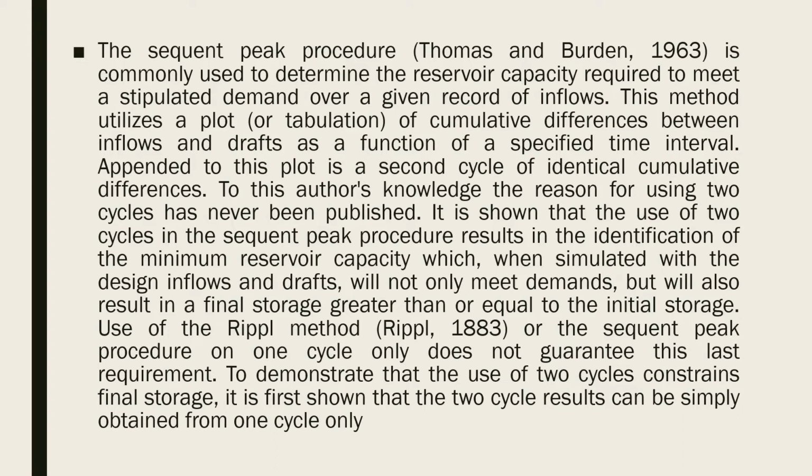Use of the Ripple method by Ripple in 1883, or the sequent peak procedure on one cycle only, does not guarantee this last requirement. To demonstrate that the use of two cycles constrains final storage, it is first shown that the two-cycle results can be simply obtained from one cycle only.